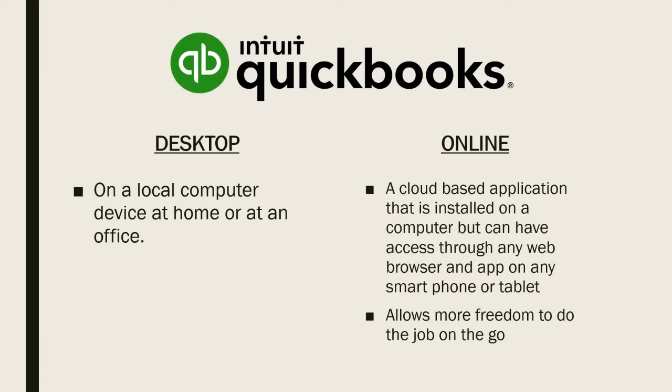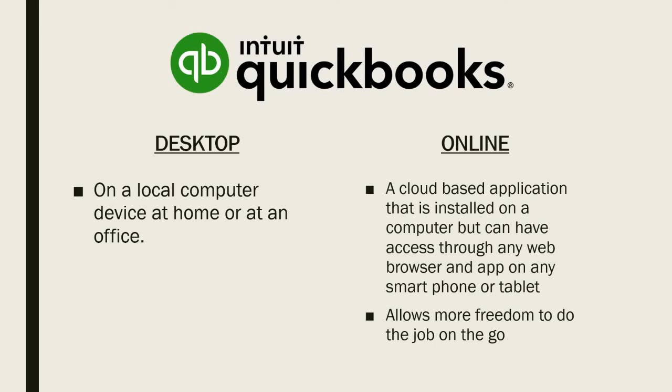So in this case, you are most likely not going to be traveling anywhere to have access to the file. It has to be on one specific home or office computer.